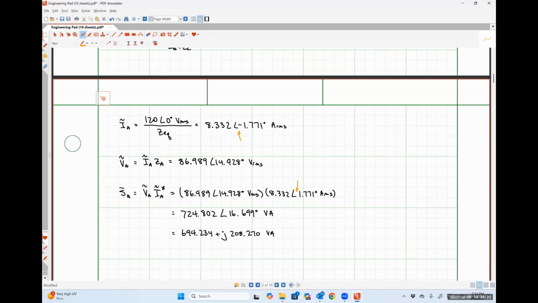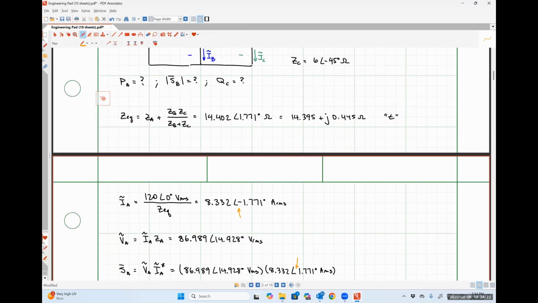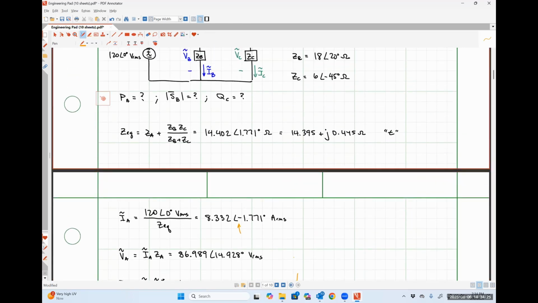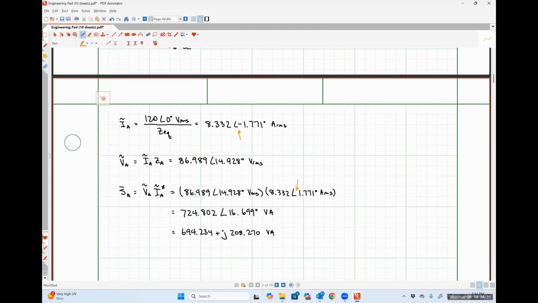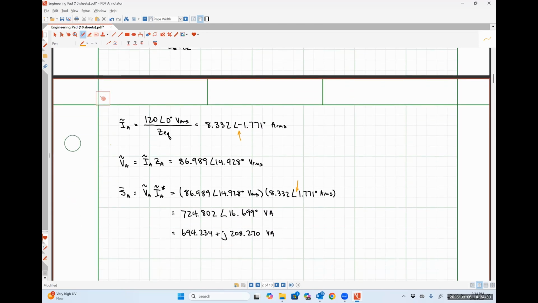Okay, so in the problem statement, essentially, we were asked to find the average power absorbed by impedance ZA. So which of these four numbers that I have written down for SA is the average power?